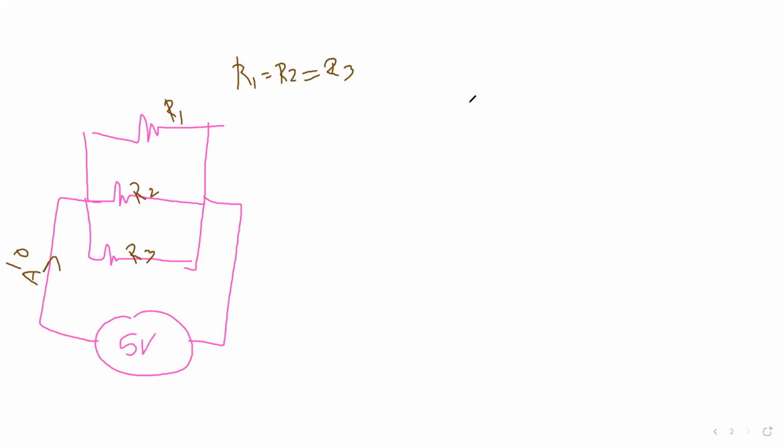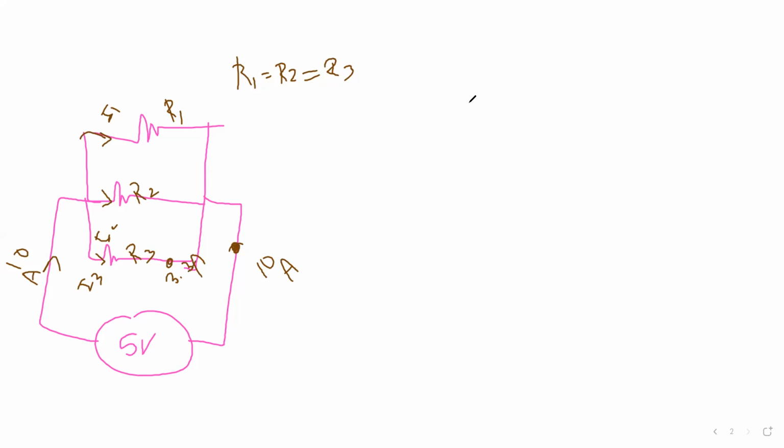As I told you, they are connected in parallel. So the current will be divided into the 3 paths here. We have I3, I2, and I1. So the current at each point will be different from the others. That means the current at this point here is 10 ampere, but the current at this point here is 3.3 ampere.